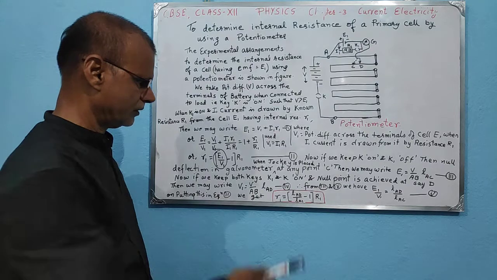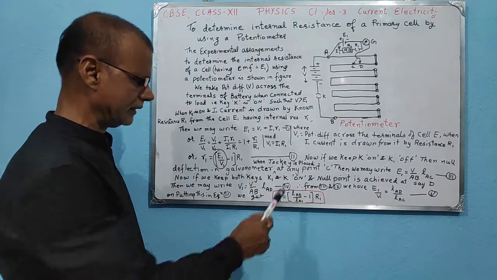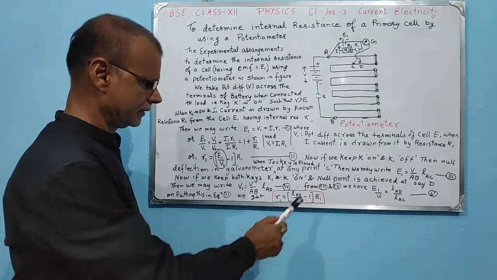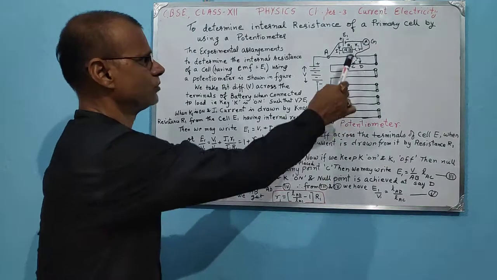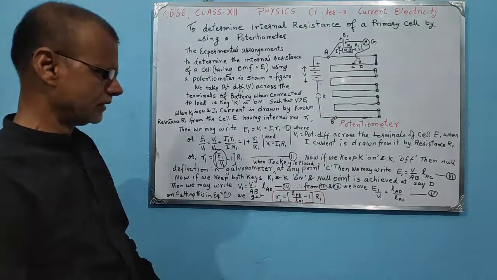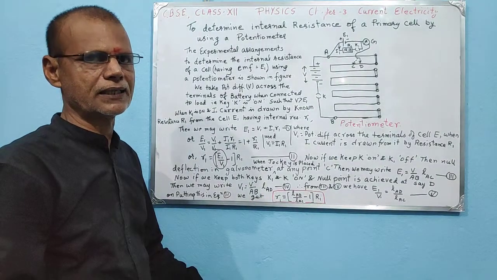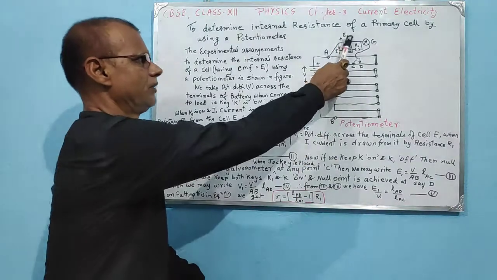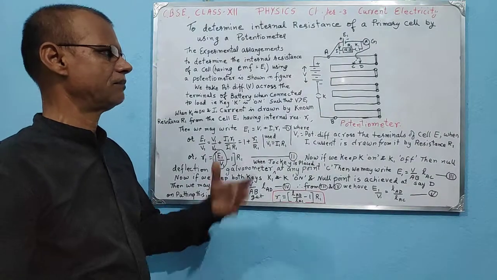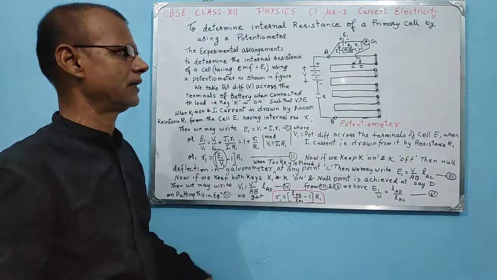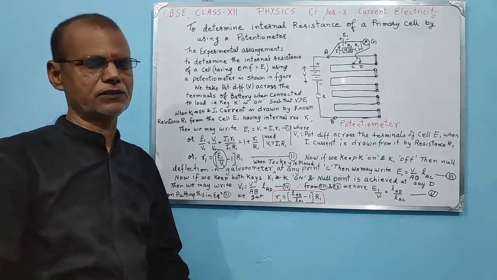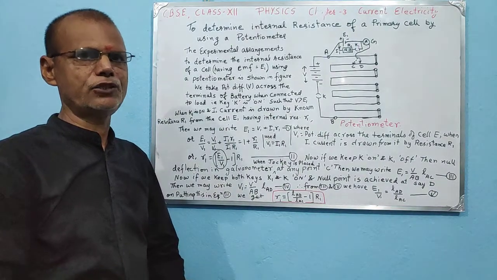Once we determine the lengths AD and AC, and we already note the value of R1 in the resistance box, putting their values there, we can find the internal resistance of the cell E1. In the same manner, when you replace this cell by another cell, you can find the internal resistance of any other cell. Thank you and have a nice day.